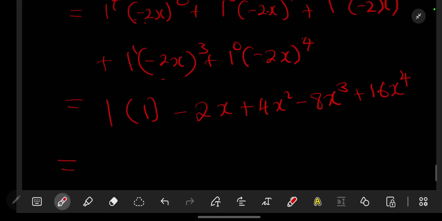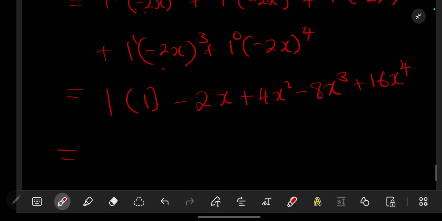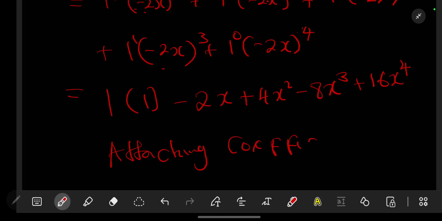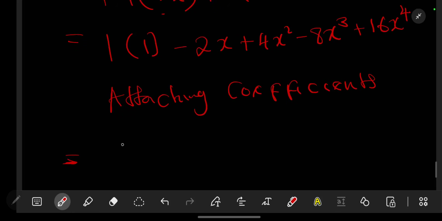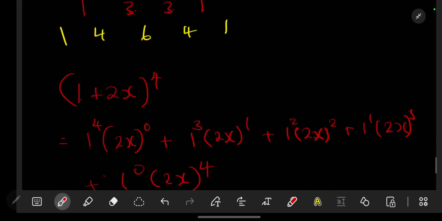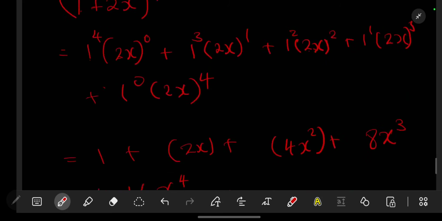So for the expansion, we haven't put the coefficients. So attaching coefficients, we are going to have something like this. We have 1 minus, then the next coefficient, remember the coefficients are 1, 4, 6, 4, 1.